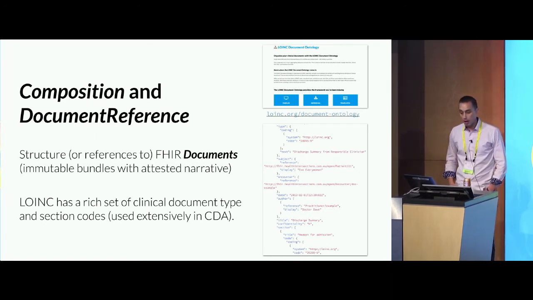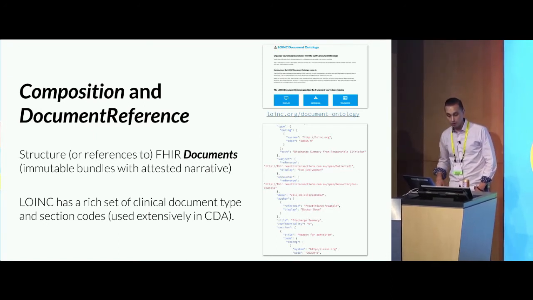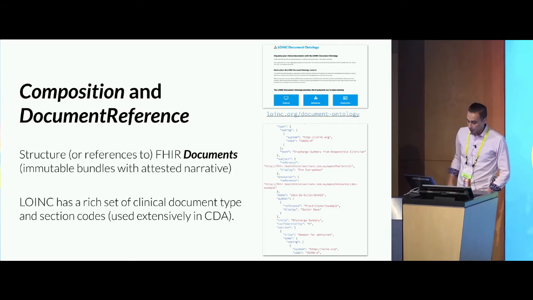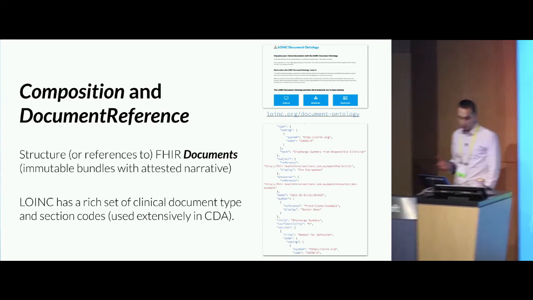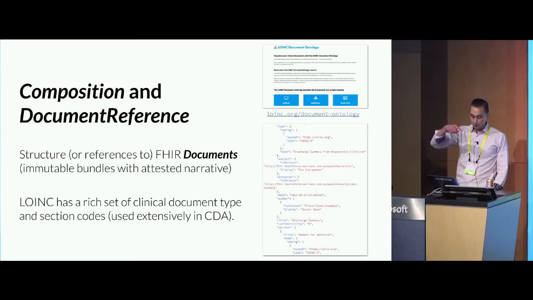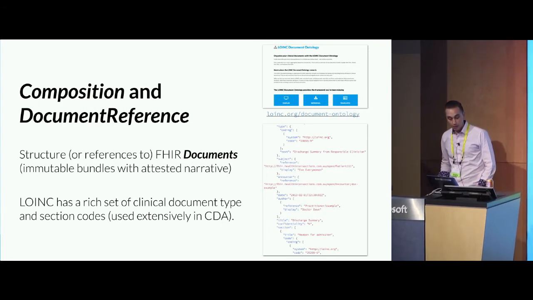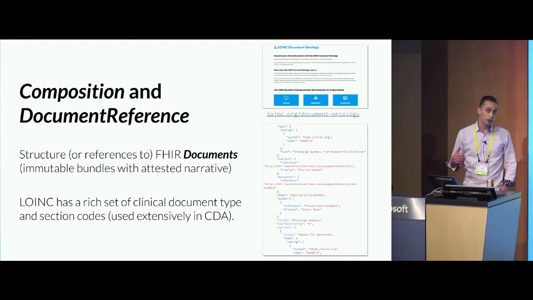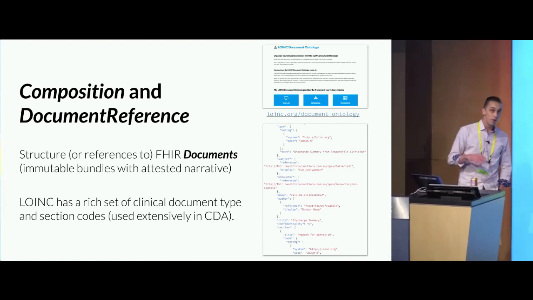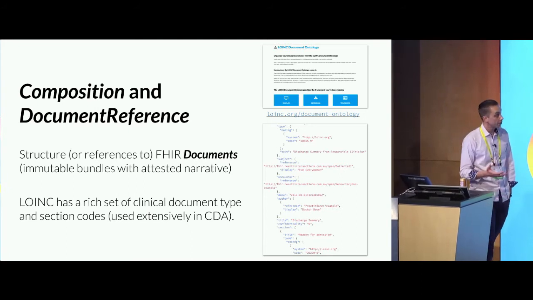In addition, composition and document references are other ways to bundle things together. Composition refers to the structure. Document reference would be a reference to a document. And as I mentioned, LOINC has a really rich set of clinical document type and section codes that, if you're familiar with CDA, you might have encountered as well.